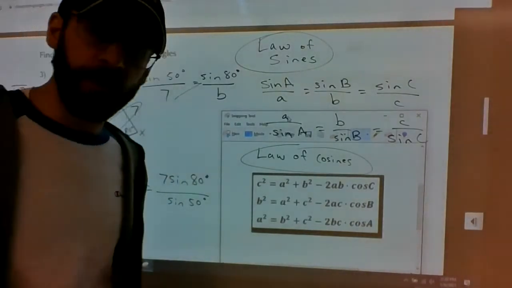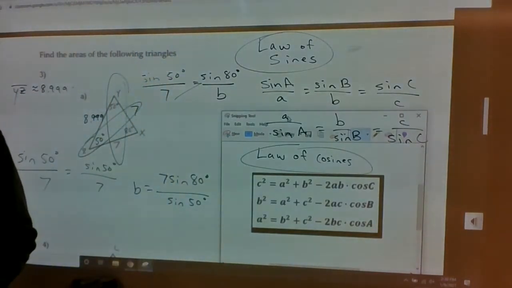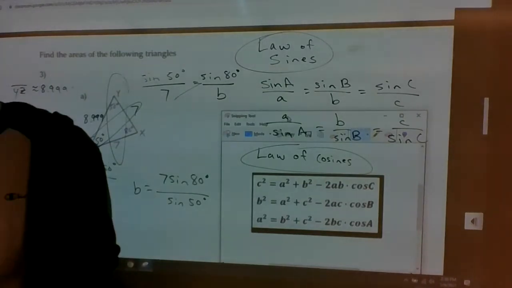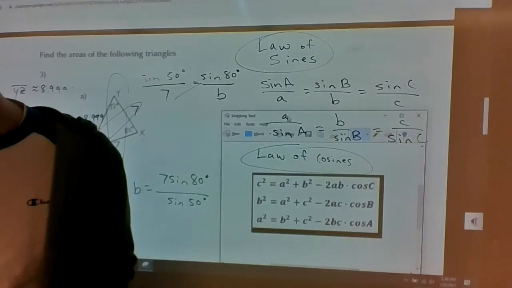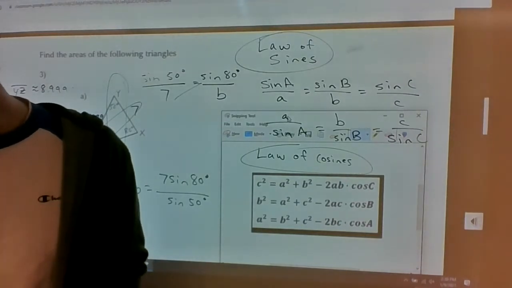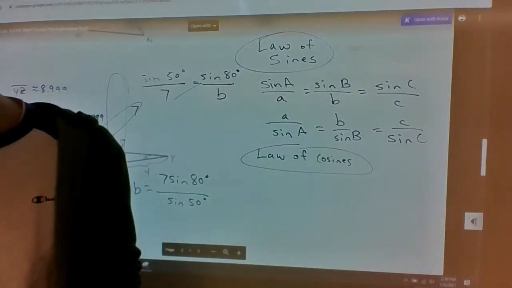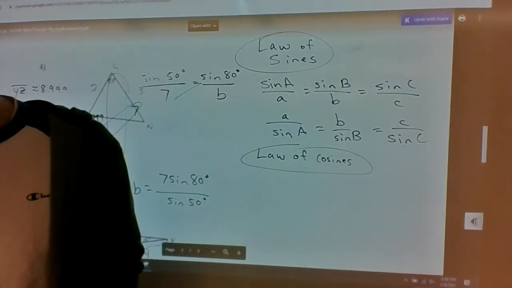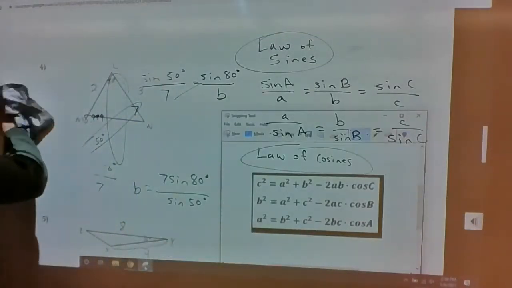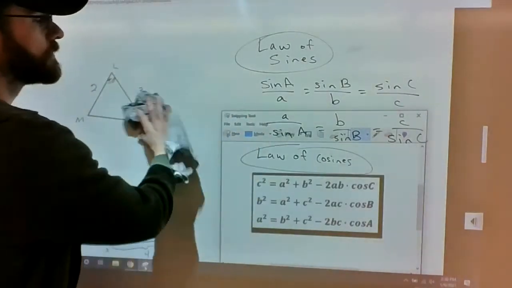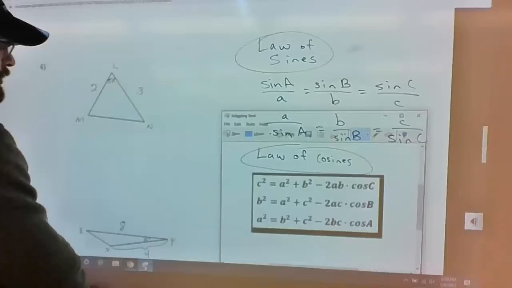Now, what would it look like if we were to employ the law of cosines to one of these? Well, that would be more appropriate if you had side information. So normally, if you have at least 2 sides, like number 4, you would want to use it that way. So if we check number 4, you've got sides of 2, 3, and then 50 degrees.